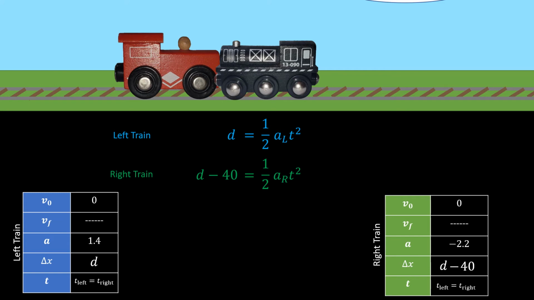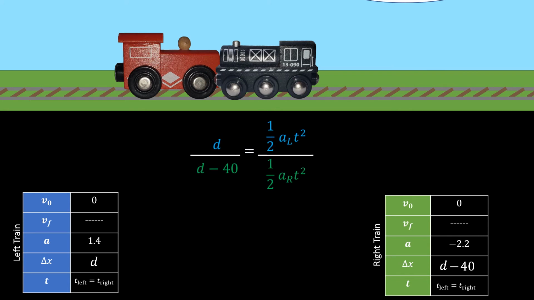We now have 2 equations with 2 unknowns, something that is very solvable. One method is to solve the first equation for time, substitute that into the second equation, and then solve for d. That will work, but I want to show you a different way, using a ratio. Here, we write the left side of each equation as a ratio and set it equal to the right side as a ratio.